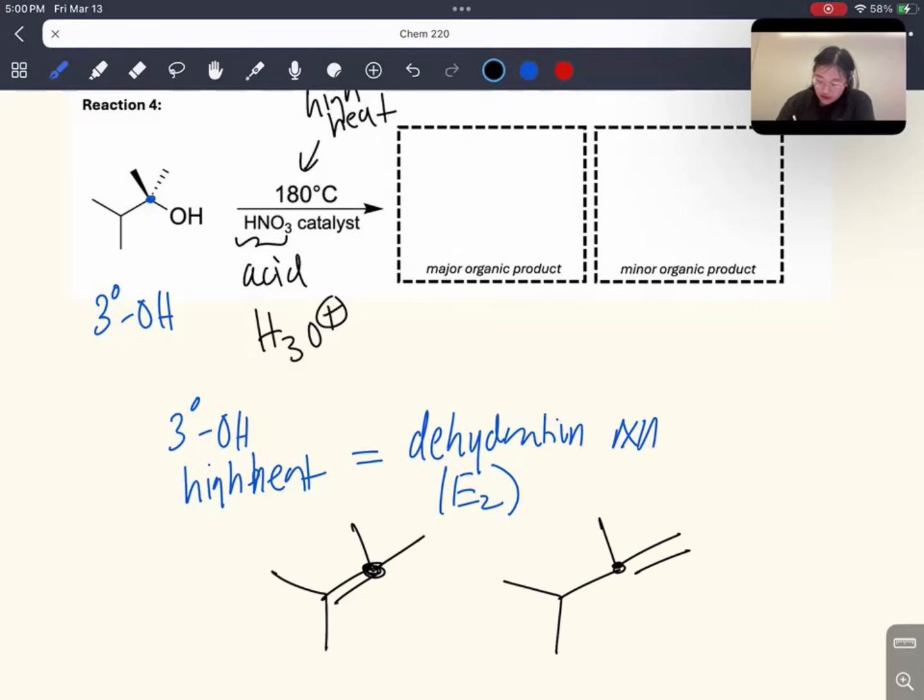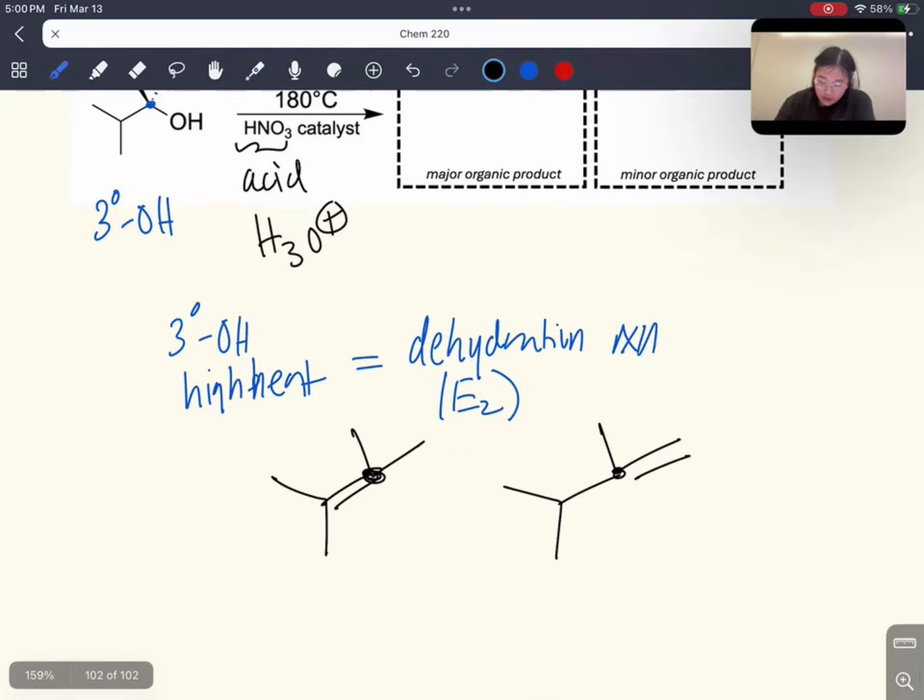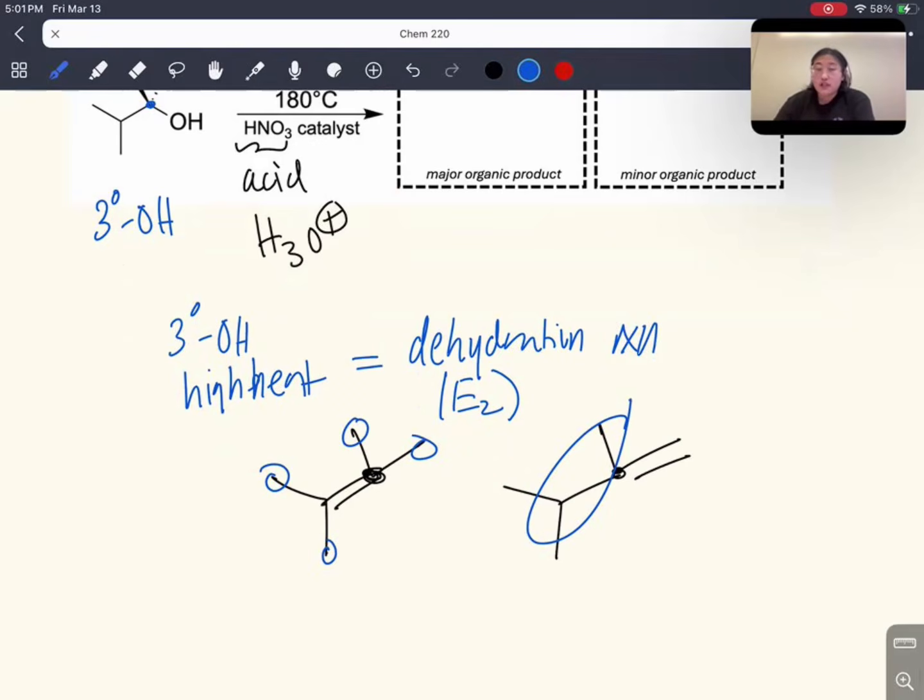The difference between these two is that one of the alkenes has four substituents. The other alkene only has one substituent. When predicting which would be the major product and which would be the minor product, the major product would be more stable, and the minor product would be less stable.